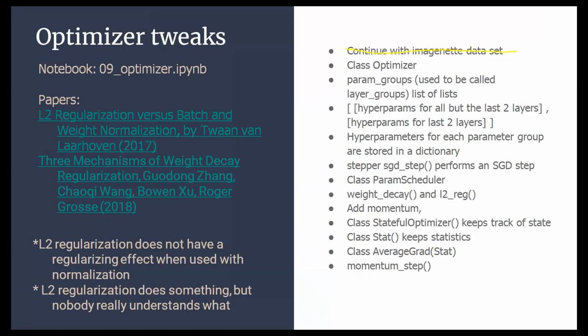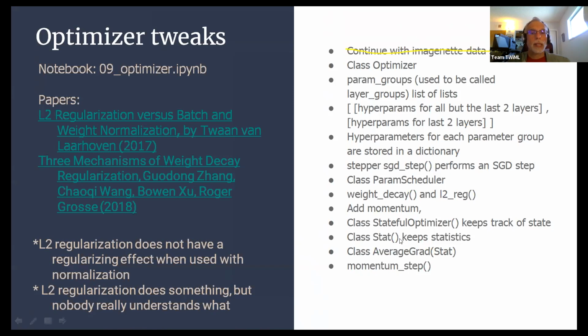Okay, so in this generalized optimizer, he then adds a scheme for momentum, and he has this class called stateful optimizer that keeps track of the state. You need to do that when you're doing momentum because it's related to exponentially weighted average, and you need to know all the past states, or at least the last state, to calculate it.